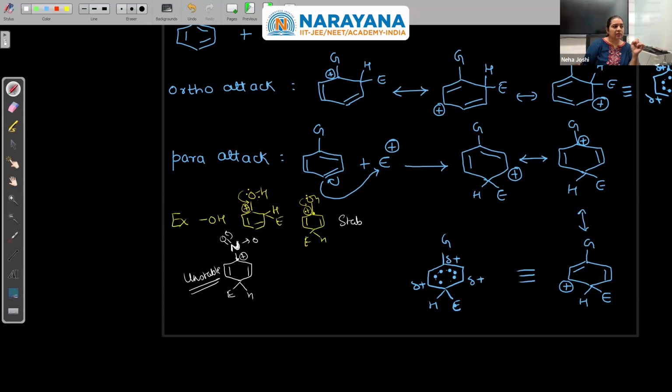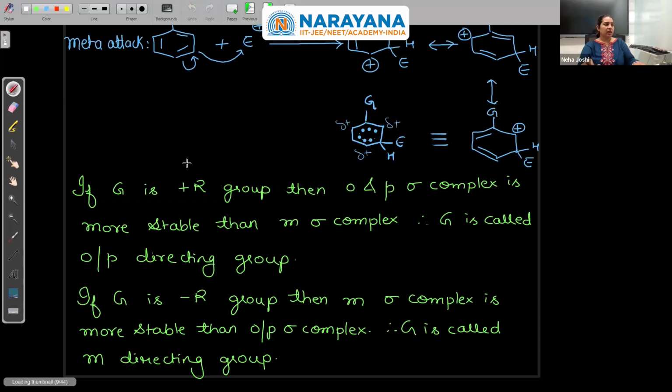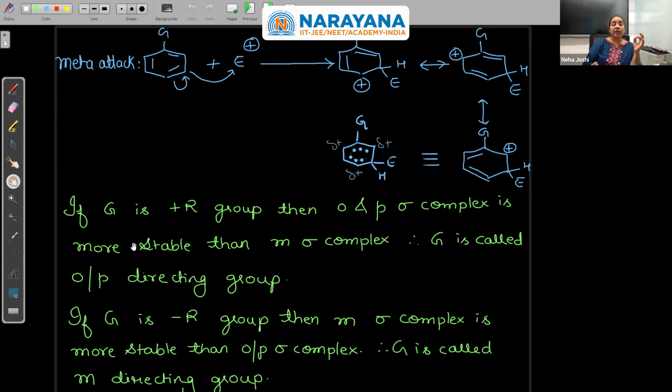And these are stable. So if I have electron releasing groups like OH, OR, NH2, OMe, then what we'll find is that ortho para sigma complex is more stable than meta, and G is called OP directing group because the activation energy is the only criteria which will decide that ortho, meta or para where the attack will be.